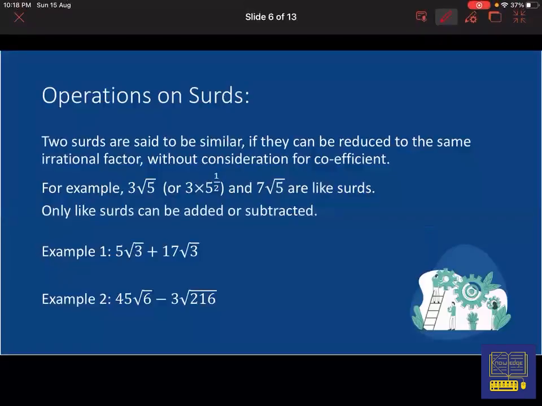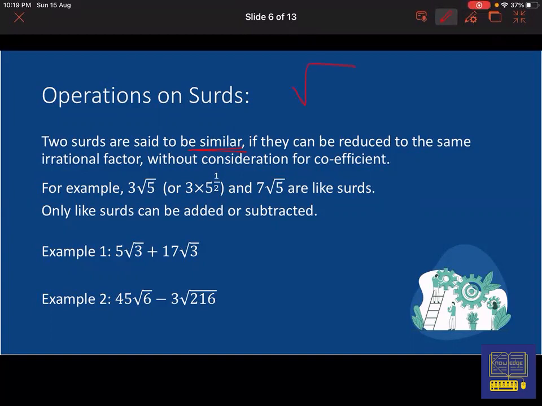Now let's look at the four fundamental operations on these radicals or surds. So that's addition, subtraction, multiplication, and division. When we're doing addition and subtraction, one thing to be very careful about is to see if the surds are similar, or like surds. So what are like surds?